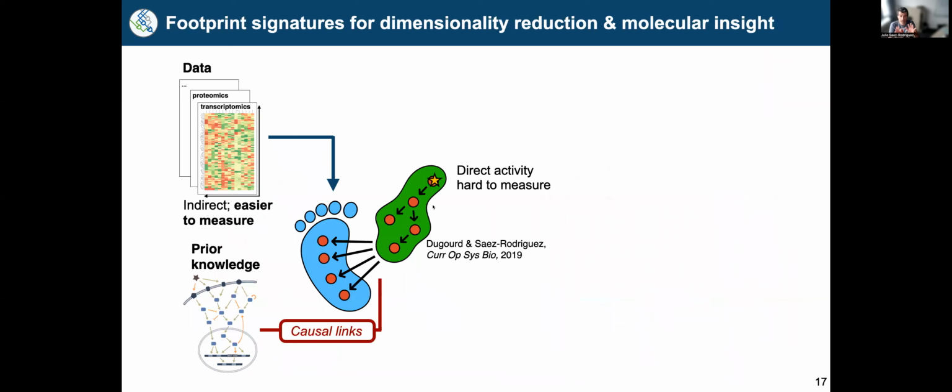Let me now summarize this first part of my talk. So I tried to explain to you how we use biological knowledge to extract signatures from omics data, and how we focus on this idea of the footprint, that instead of measuring something directly, you can estimate its activity by looking at the downstream effects, which are easier to measure.